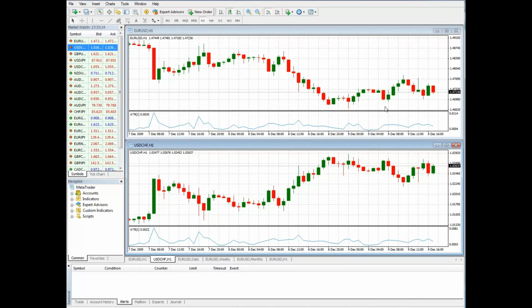Well, that means that the euro dollar, US dollar, and the US dollar Swiss franc have a very high level of correlation. When the euro dollar goes up, the Swiss franc goes down. And that happens in varying degrees, and the amount of correlation, quite naturally, does vary over time based upon volatility and a number of other factors.